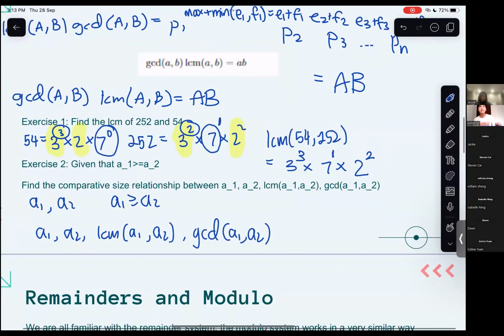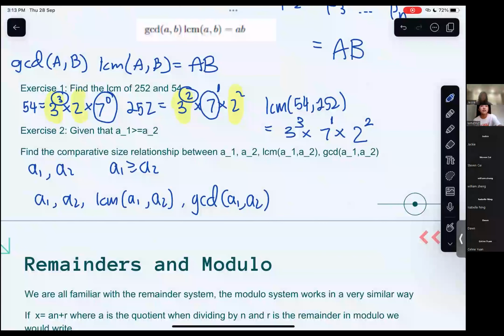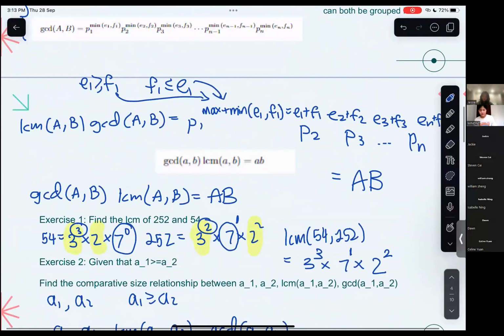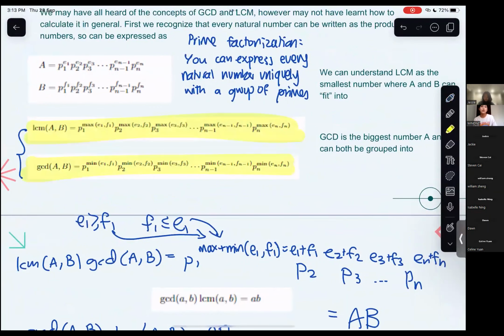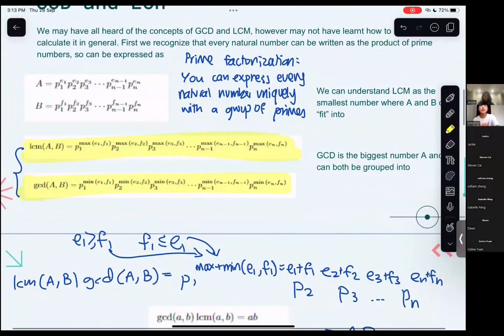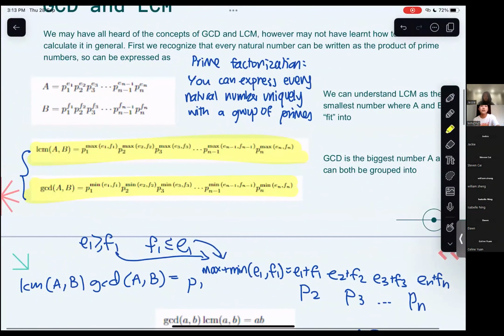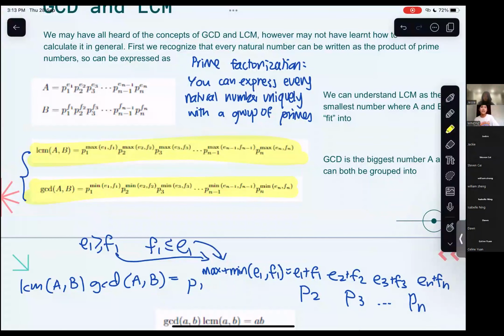Okay, I'll give you all 2 minutes again to think about it. What's really important here is that you can consider it very algebraically in terms of the definition of LCM and GCD, or you can think of it more intuitively, right? So LCM has to be big enough so things can fit into it.